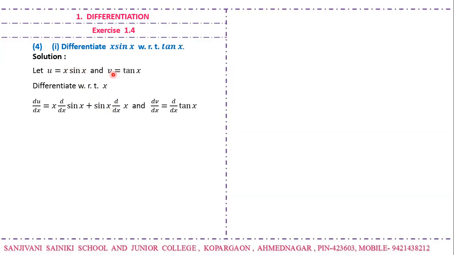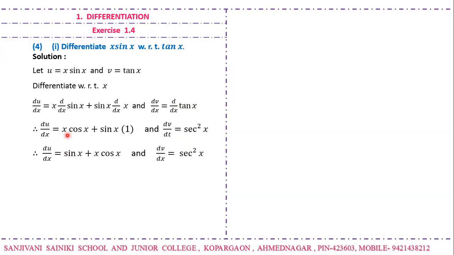And here dv by dx is the derivative of tan x. The derivative of sin x is cos x and the derivative of x is 1. The derivative of tan x is sec square x. So du by dx is sin x plus x cos x, and dv by dx is sec square x.